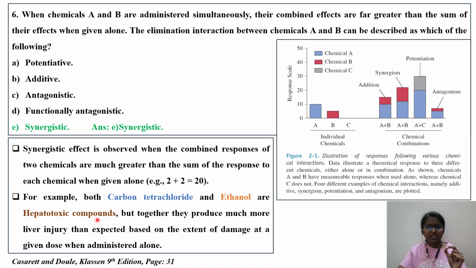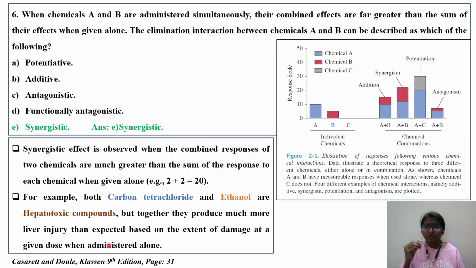They both cause liver toxicity. Alcohol causes liver toxicity. Carbon tetrachloride, which is used as an industrial solvent, also causes liver toxicity. But when A plus B is there, both carbon tetrachloride and ethanol together, they produce much more liver injury than expected based on the extent of damage at a given dose when administered alone.